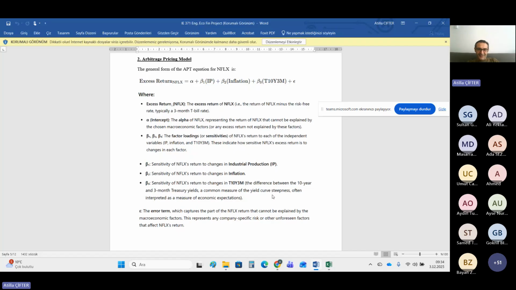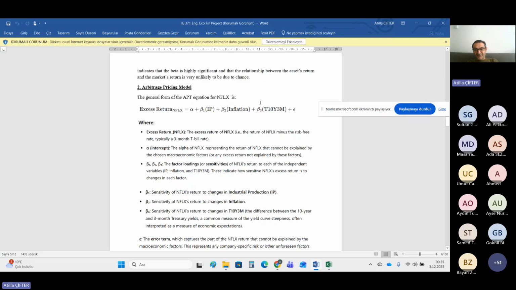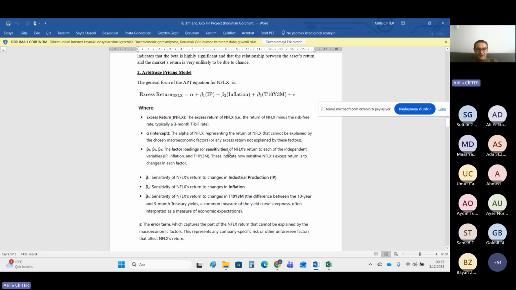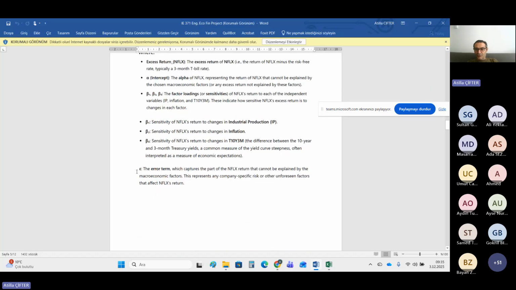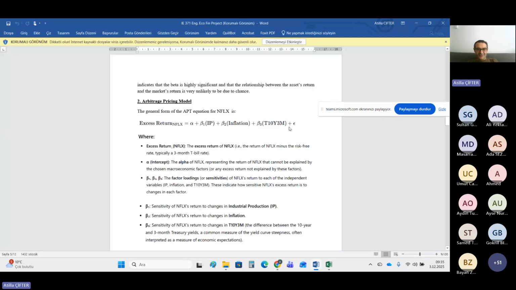So it's a kind of measure for economic expectation. Therefore, we use this interest rate differential as a macroeconomic factor for excess return. And here E is an error term, which is the regression residual, you can see.